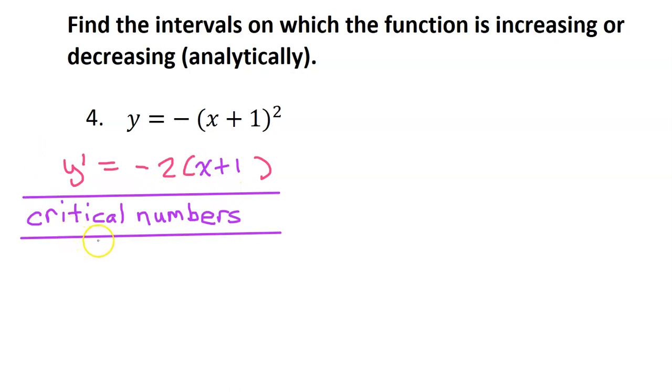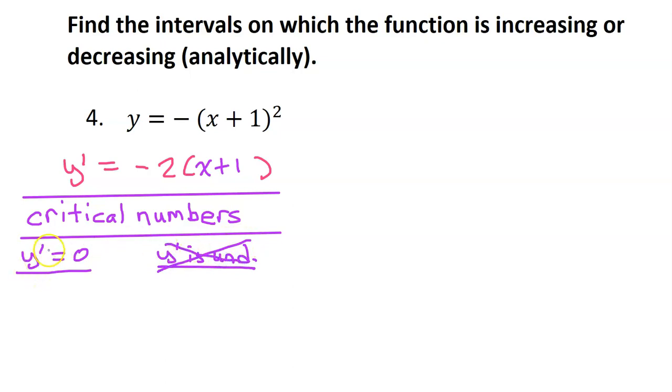In order to determine where y prime is positive and negative, we're going to need the critical numbers. In general, the critical numbers occur when y prime is equal to 0 or when y prime is undefined. However, this is a polynomial equation, so there is nowhere that y prime is undefined.